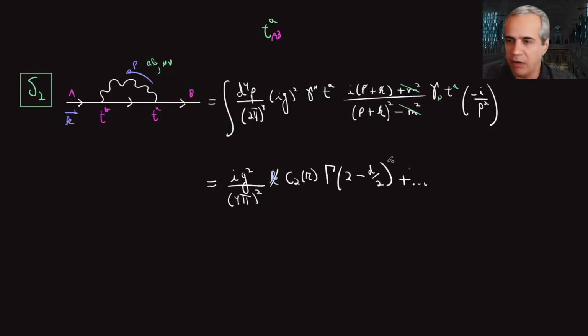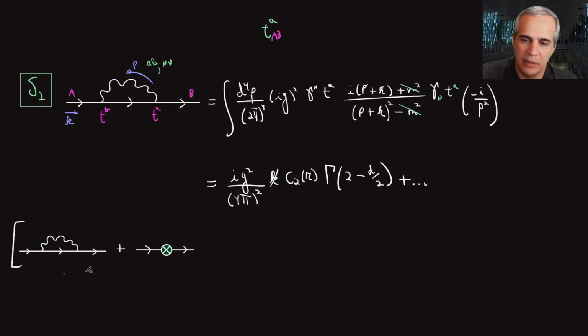And now with this, I can get the counterterm, right? I need this thing at some arbitrary scale to cancel each other, and that immediately fixes delta 2 to be this guy, right?